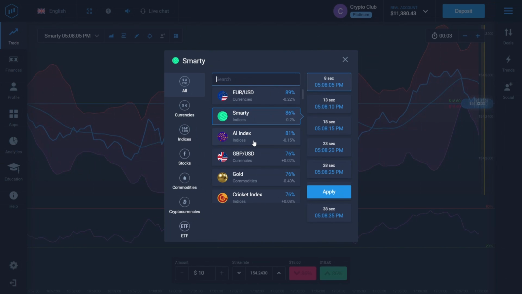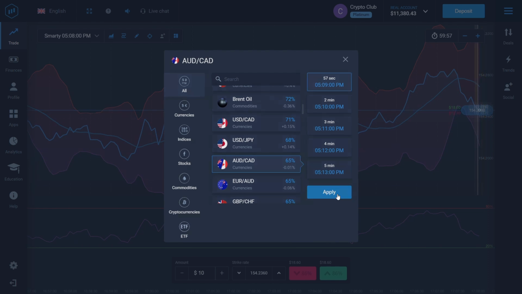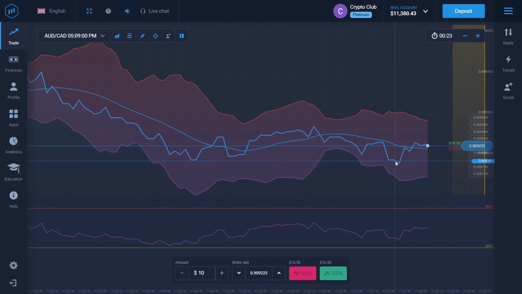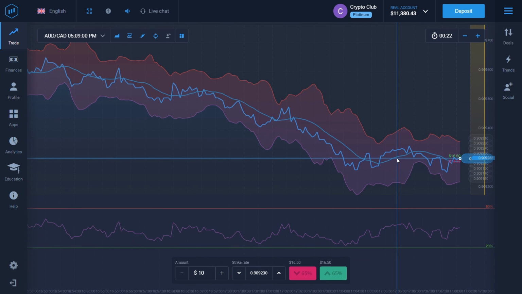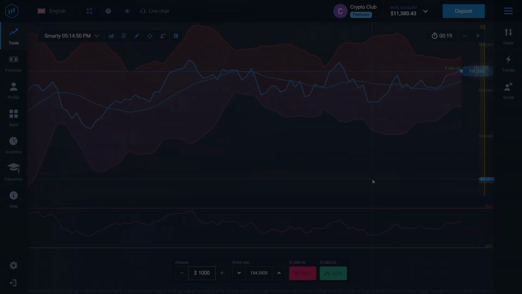If I were to select a less trending market such as this, we could see the market doesn't have much movement and moves on one singular axis most of the time. This makes the market less predictable and riskier to trade on. So, always make sure to pick a trending market while you're trading.